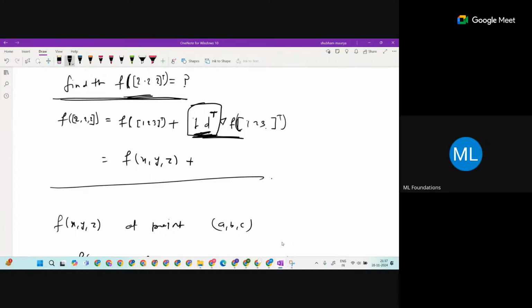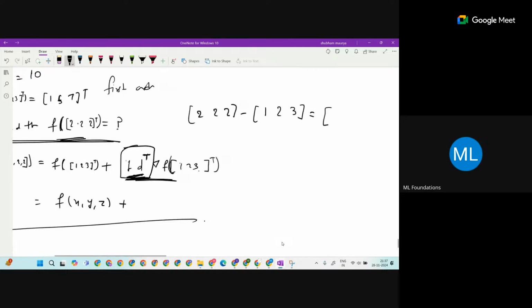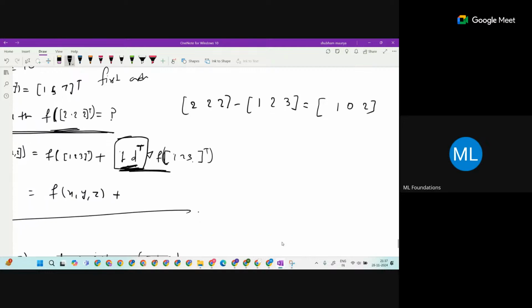Then D is going to be (2, 2, 2) minus (1, 2, 3), which is the vector (1, 0, 2).